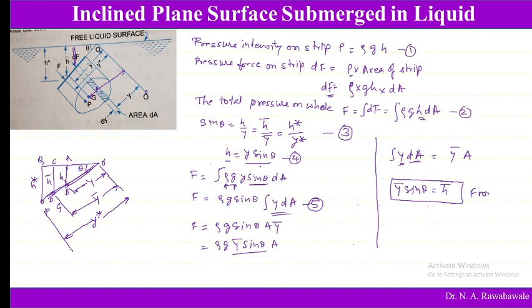From equation 3 we can write h bar divided by y bar is equal to sine theta, that is nothing but h bar is equal to y bar sine theta. Therefore this force F is equal to rho g A. In place of y bar sine theta we can write h bar.